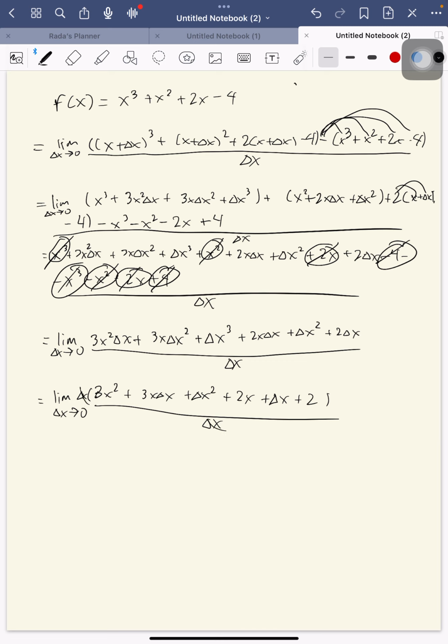Cancel the delta x. What we are left with is the limit of 3x squared plus 3x delta x plus delta x squared plus 2x plus delta x plus 2.